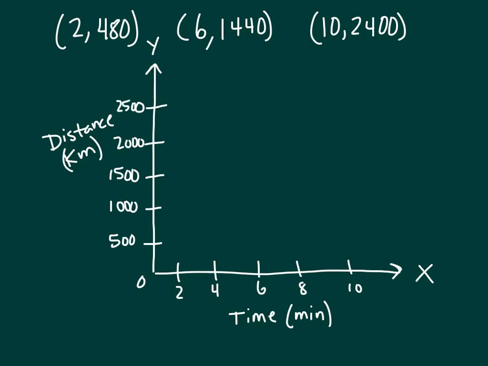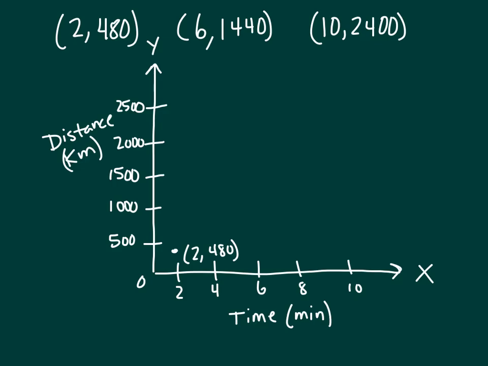Now I can start plotting. Now remember, we're just doing this on lined paper, so do your best. My first one is 2 minutes for every 480 kilometers, so it's going to be a little bit below the 500 mark. But make sure you're labeling your ordered pairs on your graph.